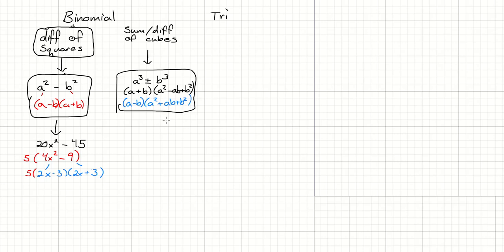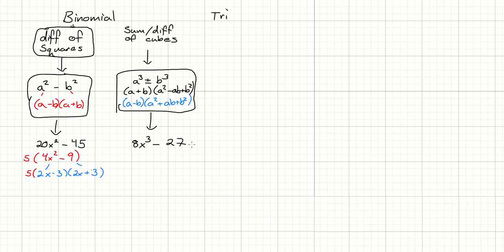Okay, let's do one real quick. One example, and let's do one that's not even a little bit wild. 8x cubed. You want plus or minus? Okay, minus 27. First thing we check always: is there anything that goes into 8x cubed and 27?